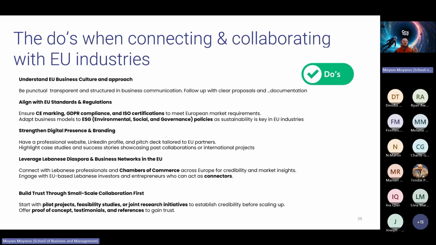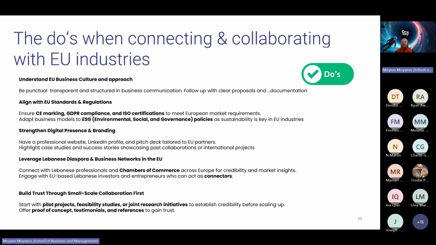So you need to be aligned also with EU standards and regulations. You have to ensure CE marking, GDPR compliance, and ISO certifications to meet European market requirements. And of course, adapt the business models to meet environmental, social, and governance policies. Sometimes they are different between the countries, but for the great majority of the EU, they are the same.